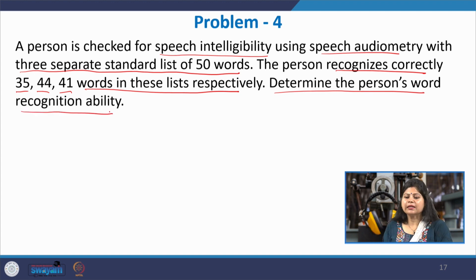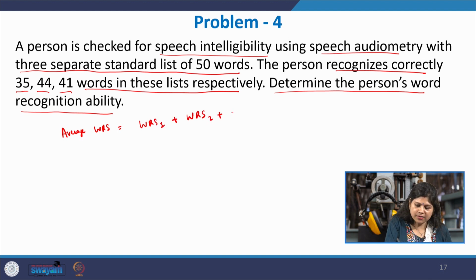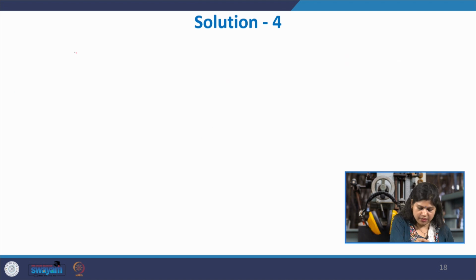Here the WRS test is repeated 3 times using a list of 50 words. So, the average WRS should be the average of the WRS found in the first test, second test and third test.